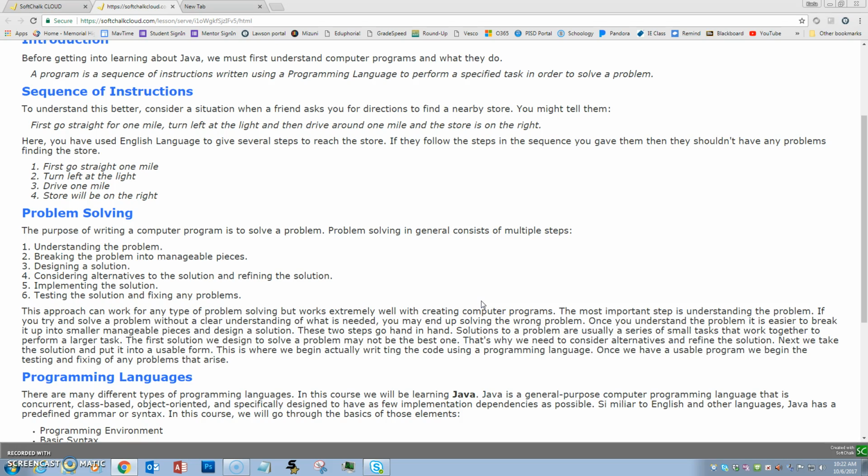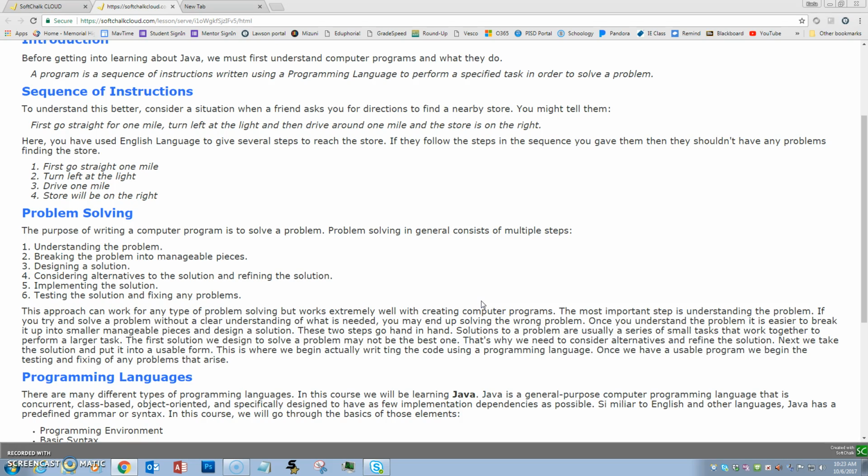What we want to do is find the most efficient way to solve the problem. That's what our goal is as computer programmers, is to find the most efficient way to solve a problem for our clients. Because most programmers are building programs or apps for a client. So you want to find the best solution possible, and there's never one way to do anything.